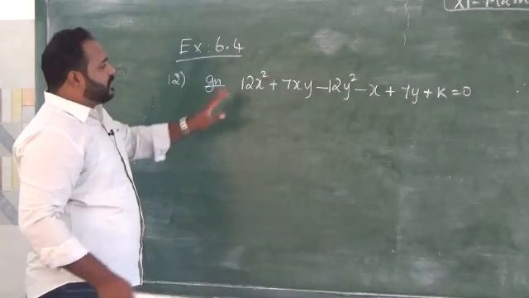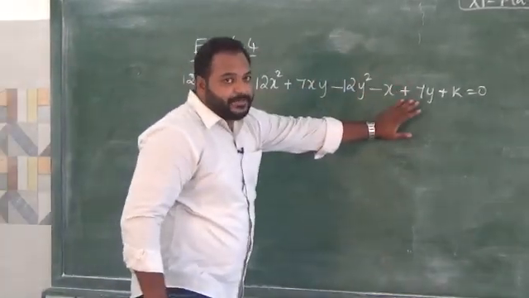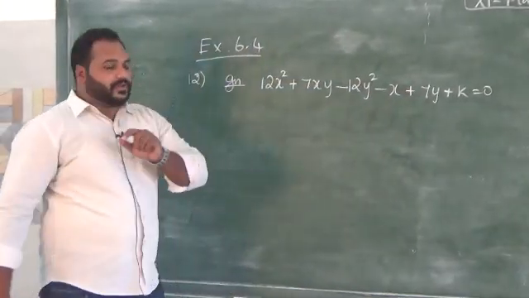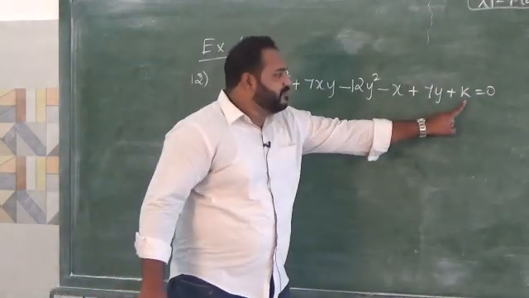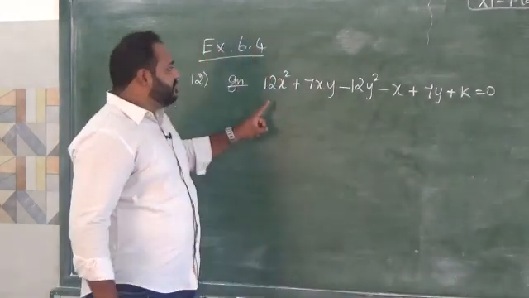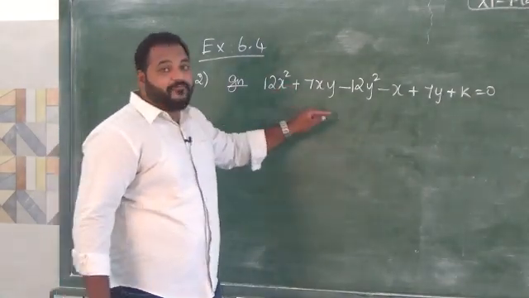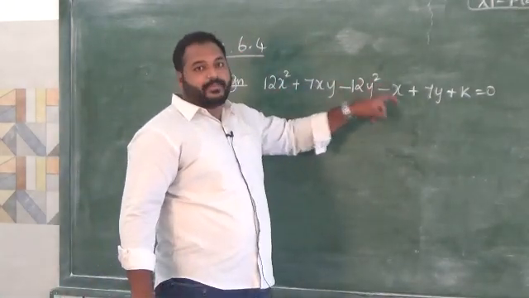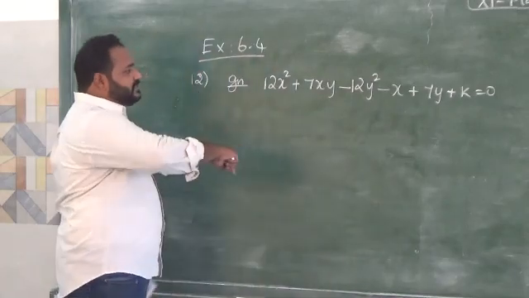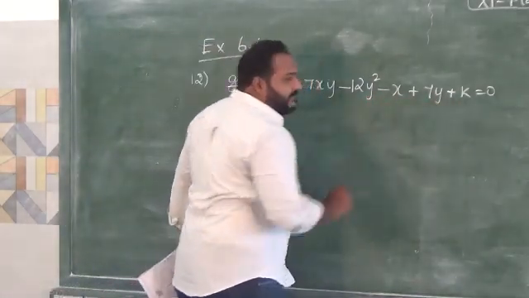Two things we have to find out in this question. One is the value of k. Another is whether it is a pair of parallel lines or a pair of perpendicular lines. Okay, first let me find out the k value.